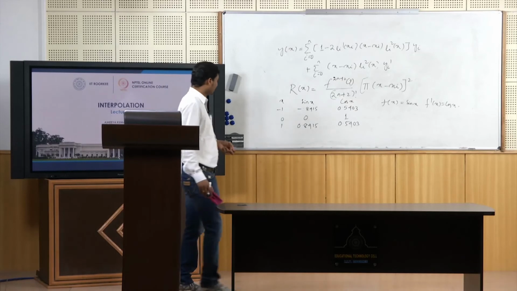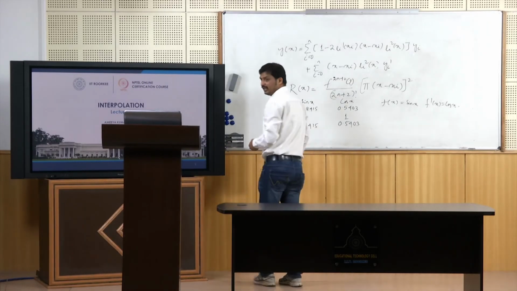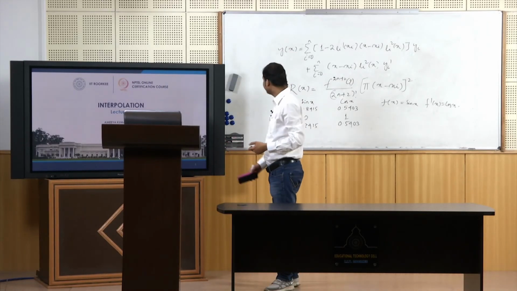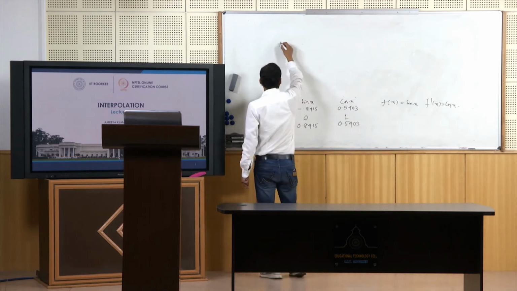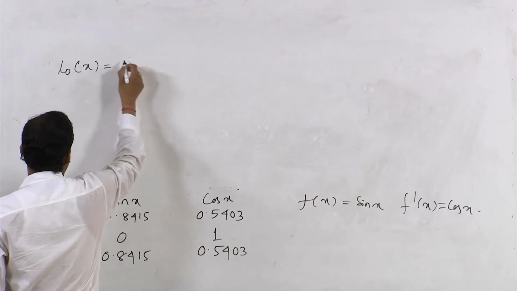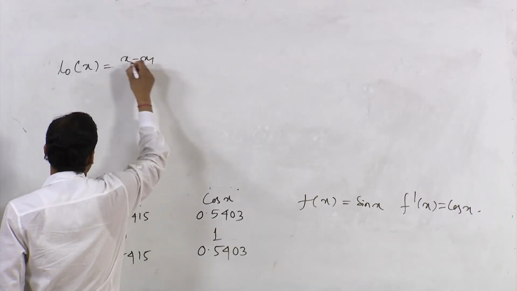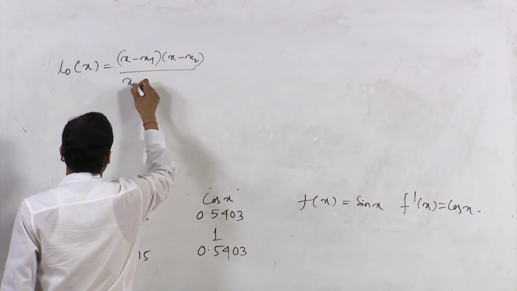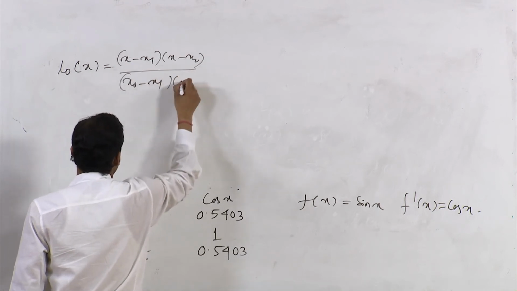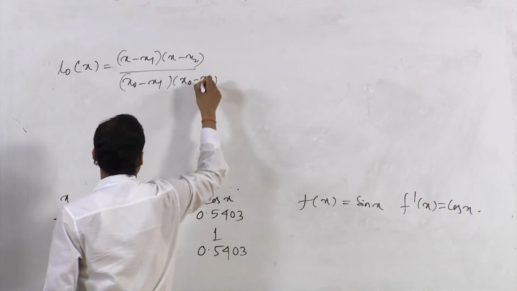So first we have to find L0x. L0x can be written in the form of x minus x1, x minus x2 by x0 minus x1, x0 minus x2 here.